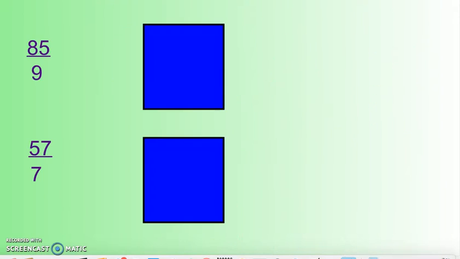Now let's do a couple more questions. How about 85/9? What mixed number is equivalent to 85/9? Okay, so how many times does 9 go into 85?